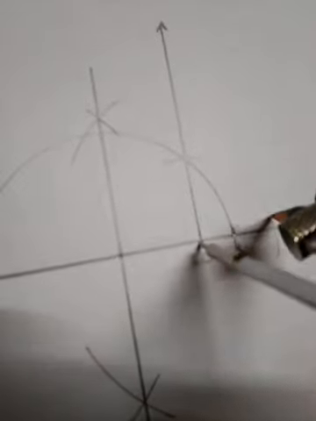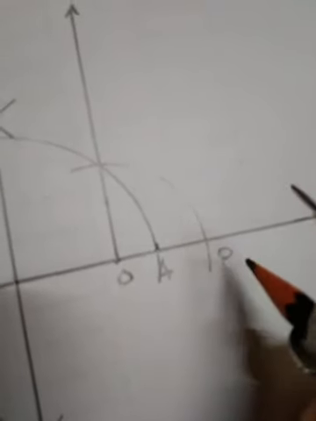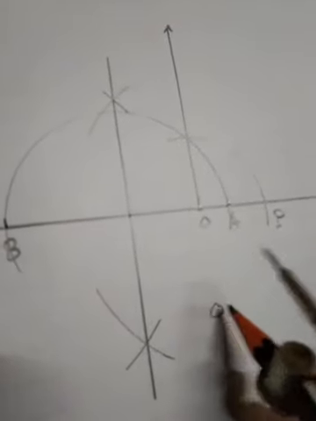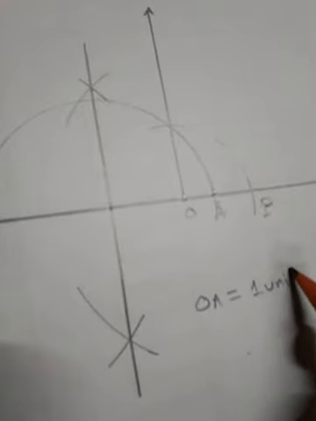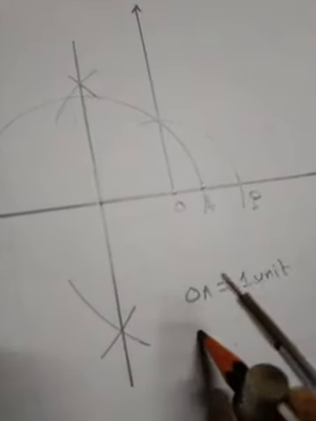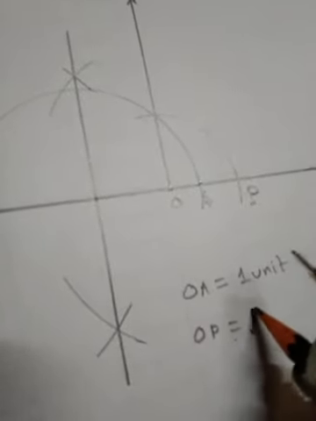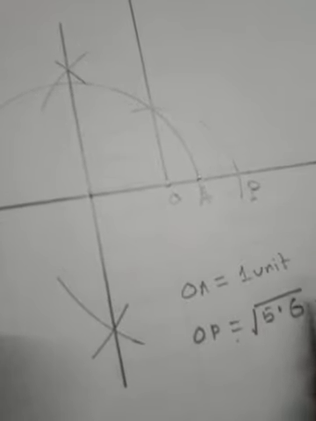Wherever the arc cuts the number line, there we'll mark P, and then here we'll write OA equals 1 unit, and accordingly OP is equal to root over 5.6 unit.